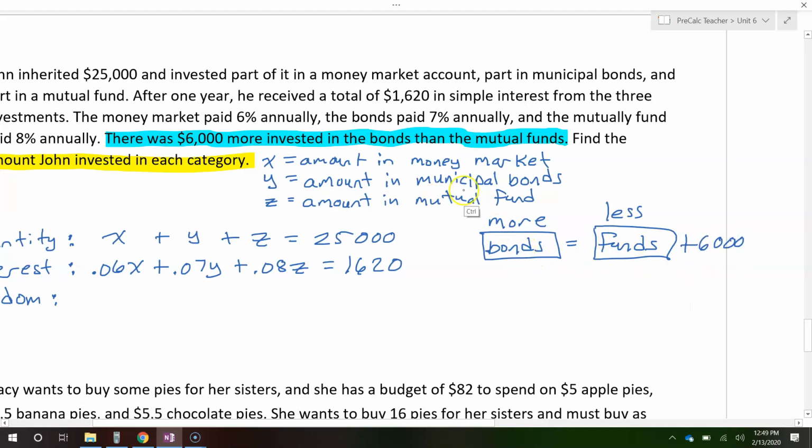So Y should equal Z plus 6,000. In standard form, this would be Y minus Z is equal to 6,000.